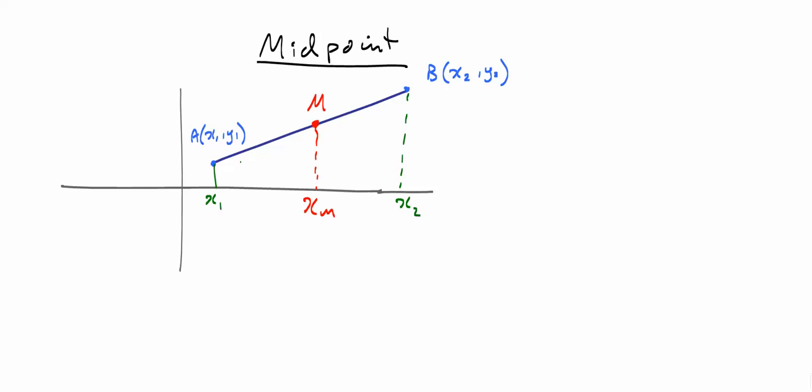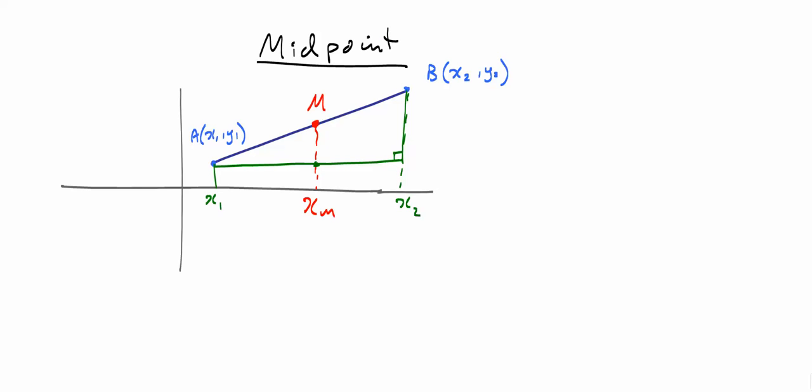I'm going to draw this horizontal line here and this vertical line here, so there's a right angle. If M is a midpoint of AB, then this point there is the midpoint of this horizontal line.